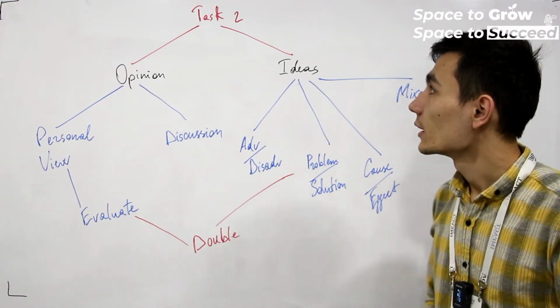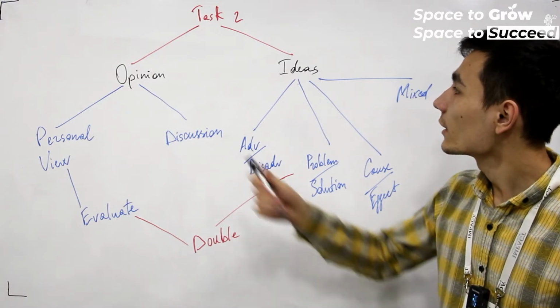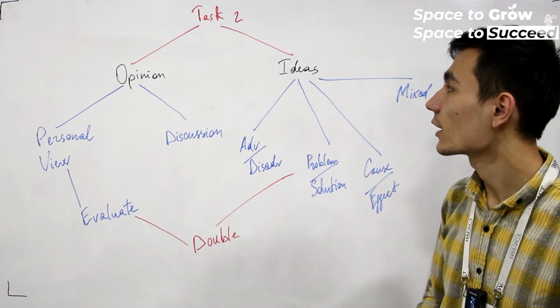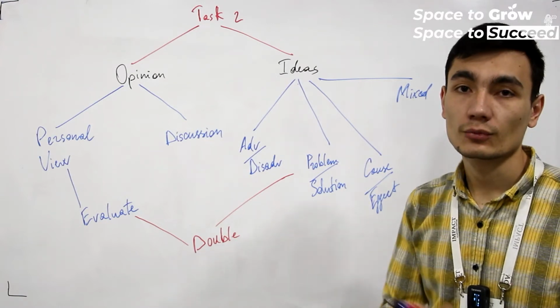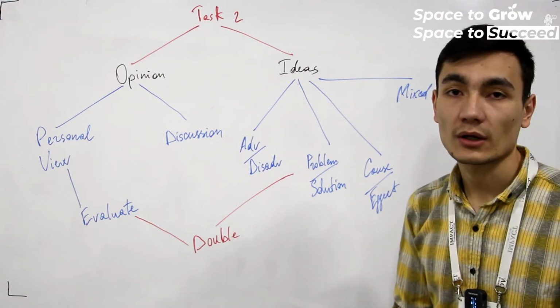As you see in our task 2, we basically have two types of essays. They are opinion and ideas. You basically know in your own language too what's the difference between opinion and ideas.